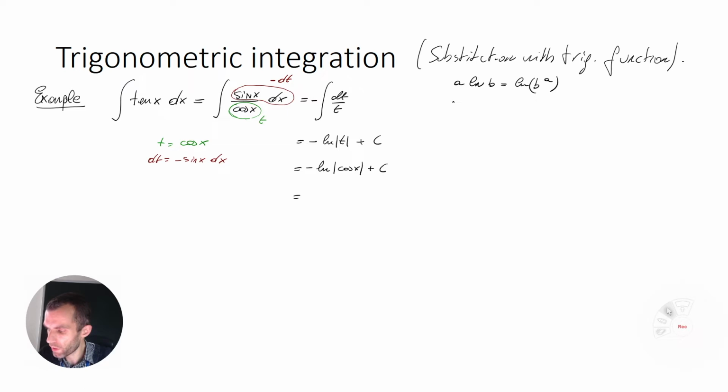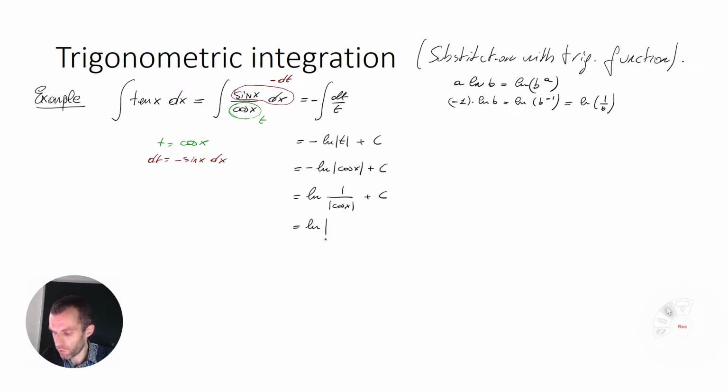And so in particular, minus 1 times the logarithm of b, that's the logarithm of b to the power minus 1. So that's ln of 1 over b. Okay, so let's use that rule. This is logarithm of 1 over absolute value of cosine x plus c.